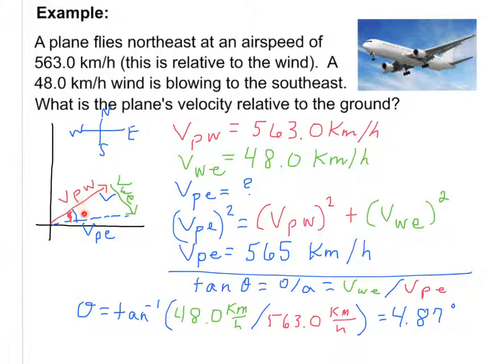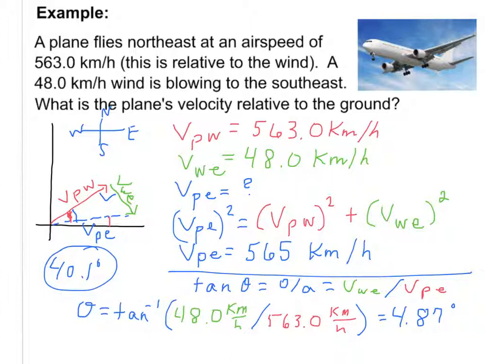If we take all of this and say 45 degrees and we subtract the 4.87 from it, we end up with 40.1 degrees. That number tells us this angle right in there.